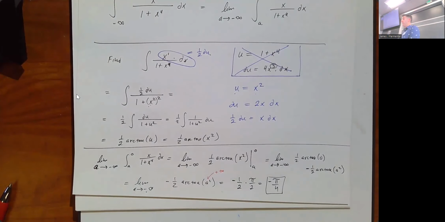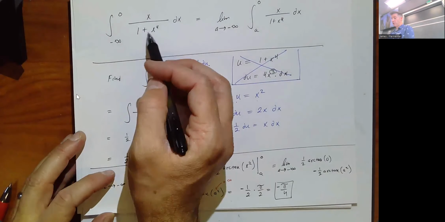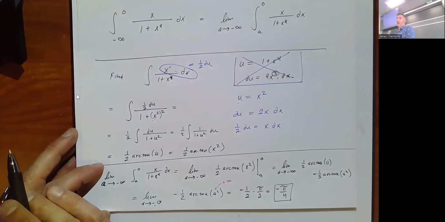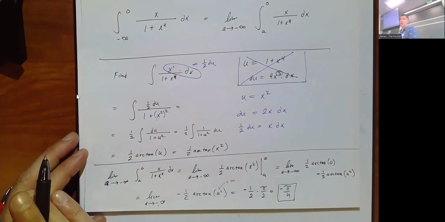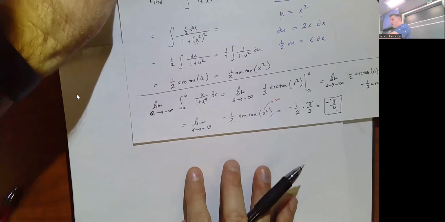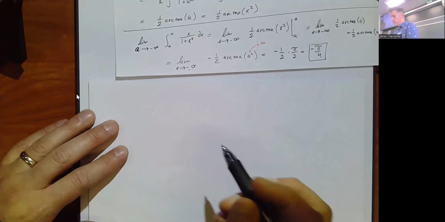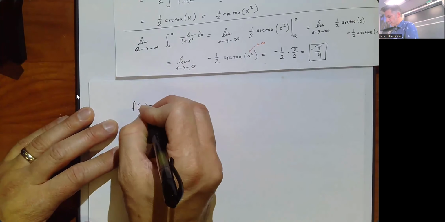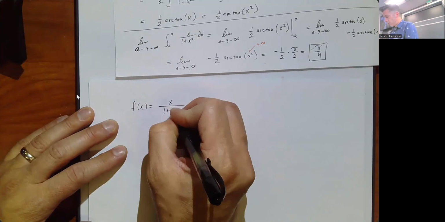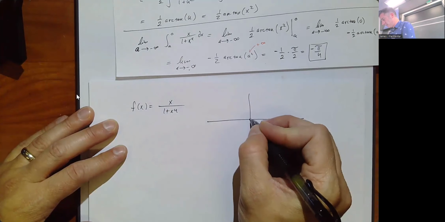So this integral converges to negative pi over 4. It makes sense that it's negative, because if you graph the original function on the left side, we'd have negative values, all under the x-axis. In fact, let's graph it. f of x equals x over 1 plus x to the 4th looks kind of like this, with an intercept at 0.